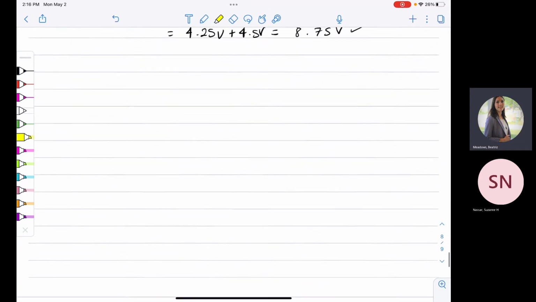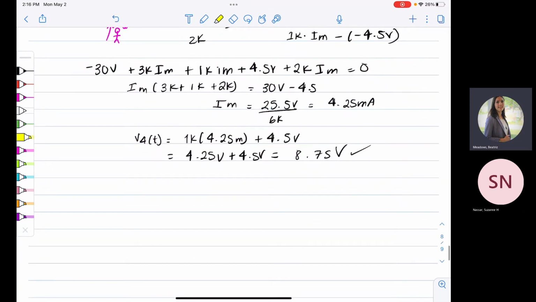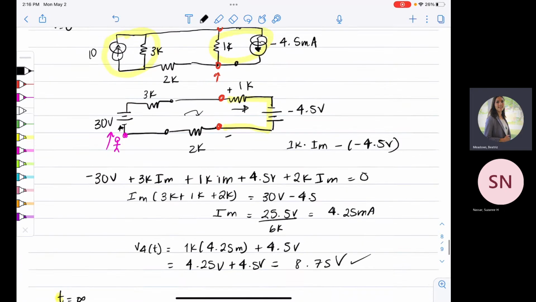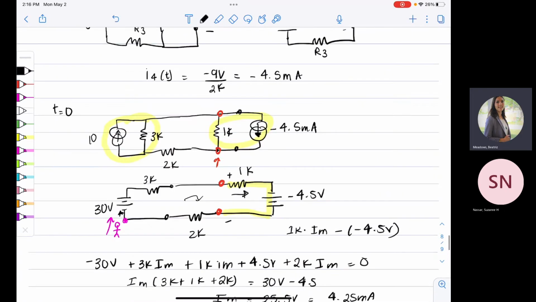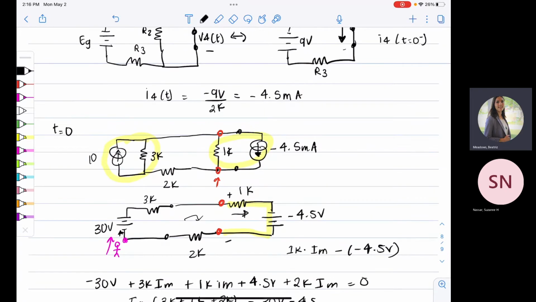All right, so let's do our next network at t equals infinity. So at t equals infinity, our inductor becomes a what? A short, right? So it's the same network as at t equals 0, but we replace our inductor with a short, okay?